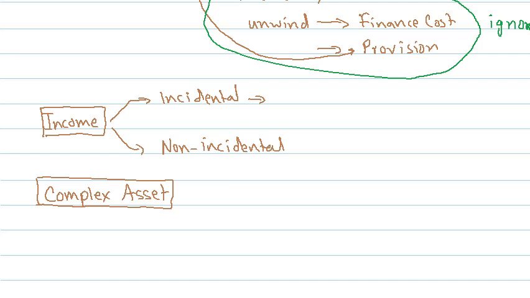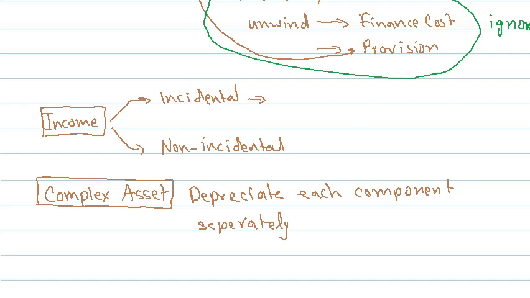In a complex asset, we have to depreciate each component separately. In this example, the overall depreciation would be over 40 years, but for the roof it will be over 20 years, so the economic life is different.